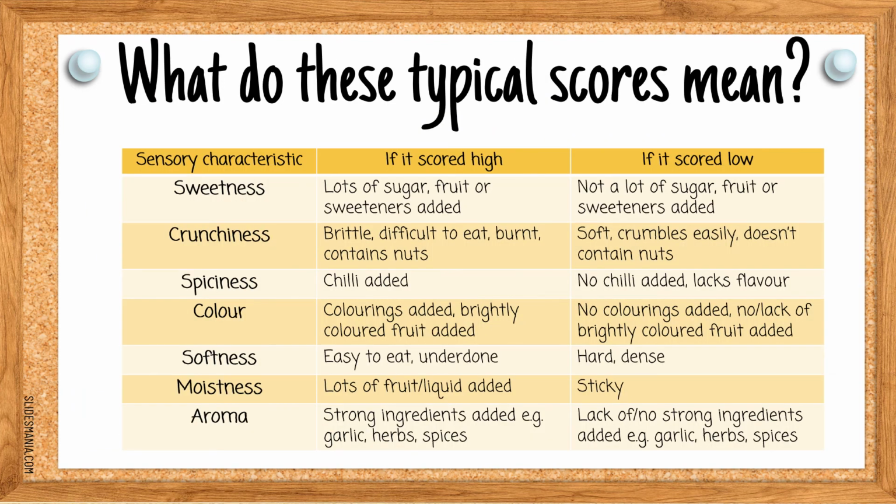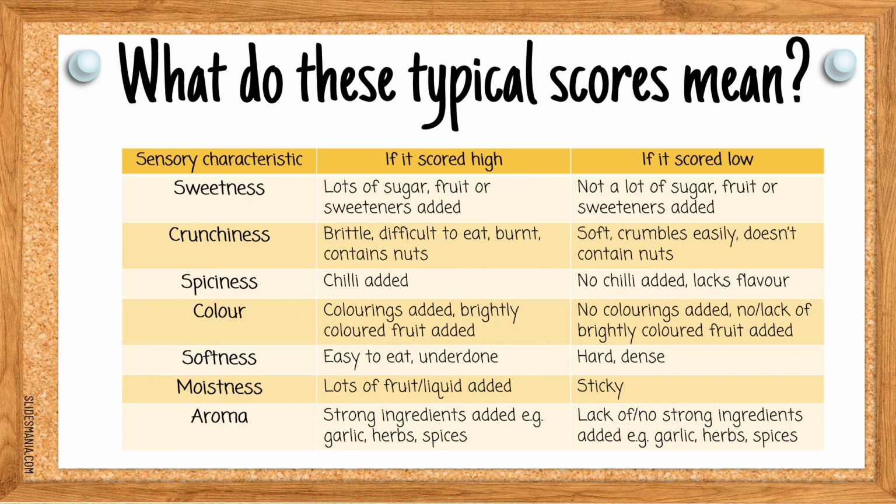Given on this slide and the following slide, you are given some common sensory characteristics that appear in the star profile, and you are given what that would mean in terms of the product if it scored high or if it scored low. So for instance, if you had a cake that scored high for sweetness, then that would suggest that it contains a lot of sugar.